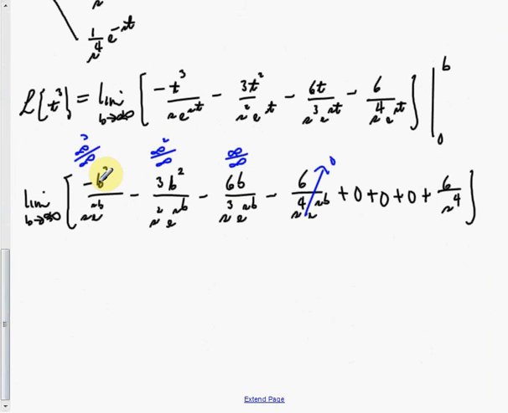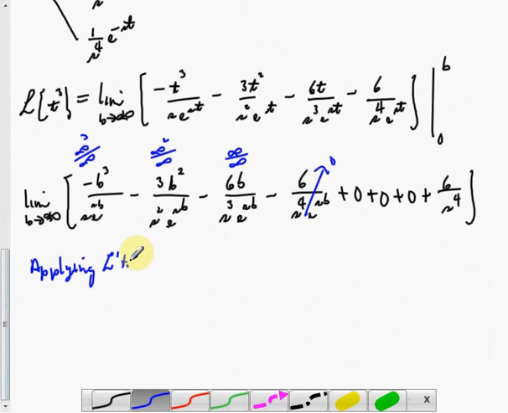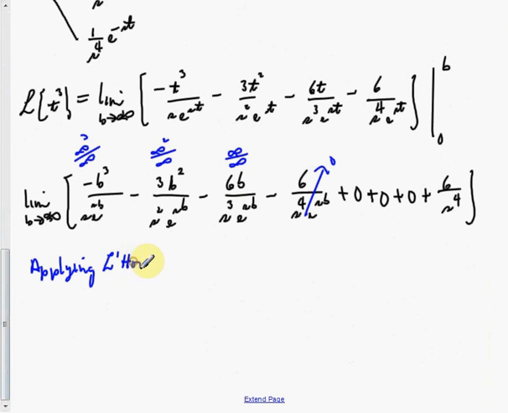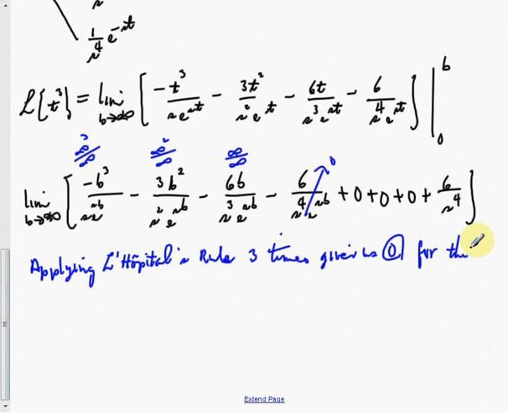So I'm going to make the statement, applying L'Hopital's rule 3 times, we get 0 for those first 3 terms, okay?